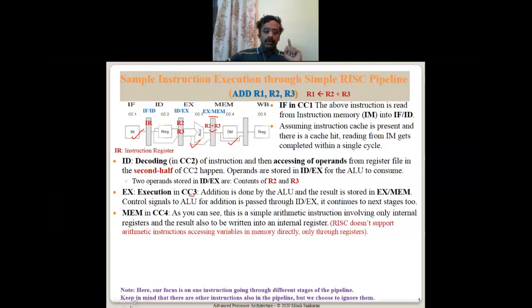Now you may wonder, we are performing only an add operation, there is no memory content here, then why are we going through this stage? The fact that this particular stage is reserved for memory access, every instruction going through needs to spend a cycle on this, whether it needs to access the memory or not, because it is in the pipeline.